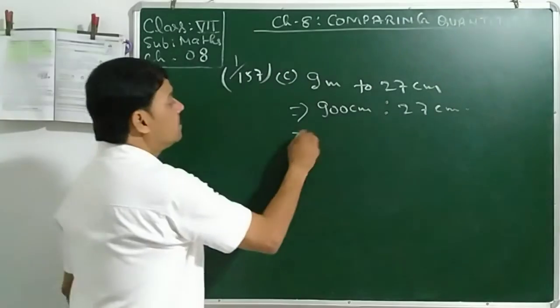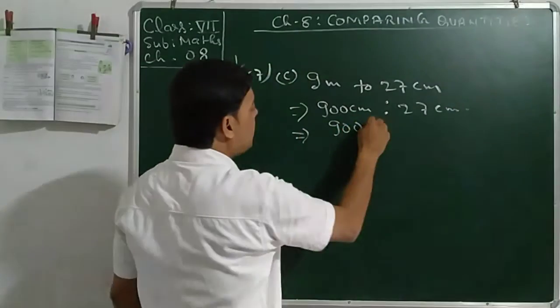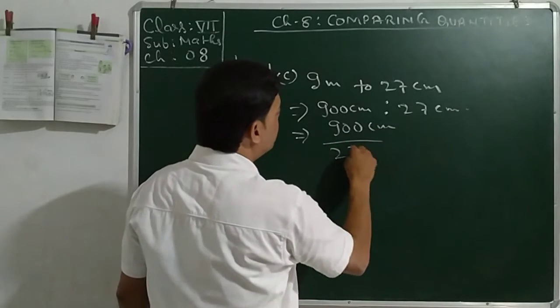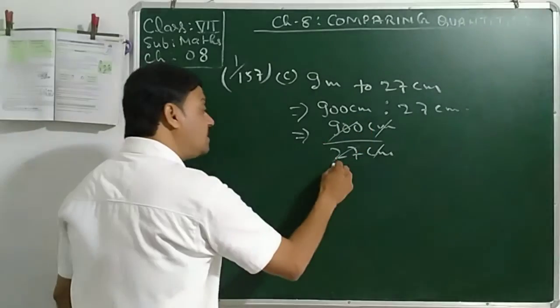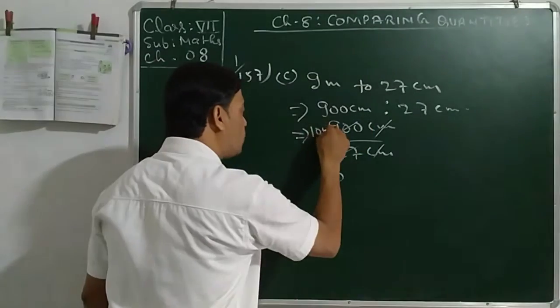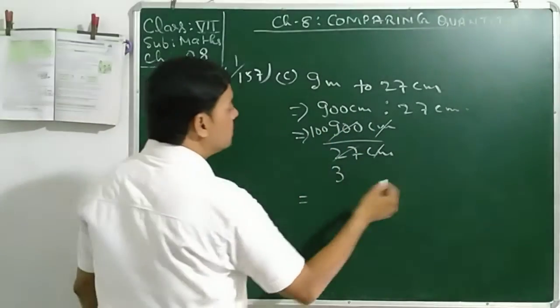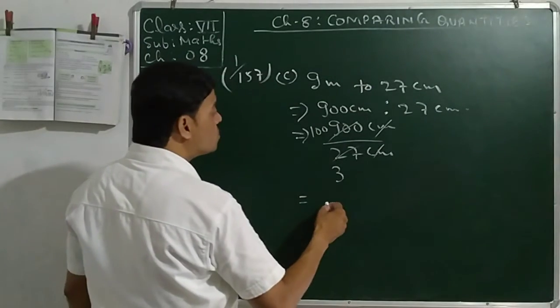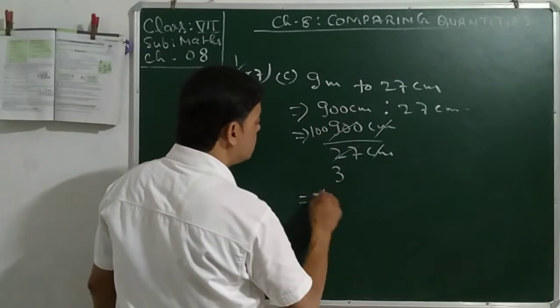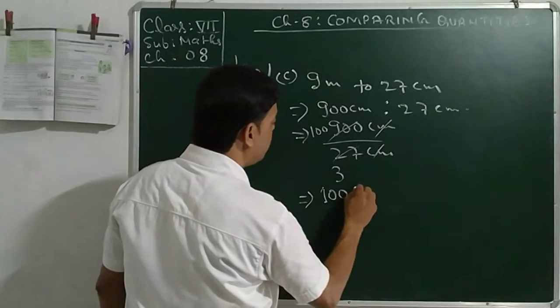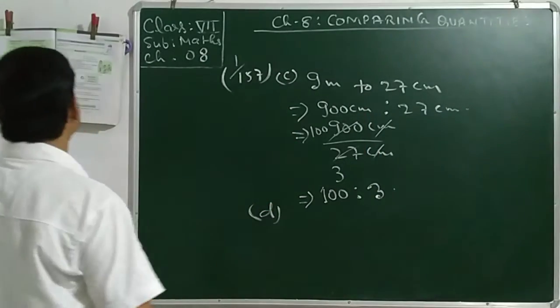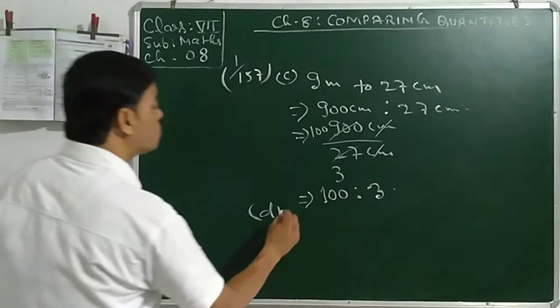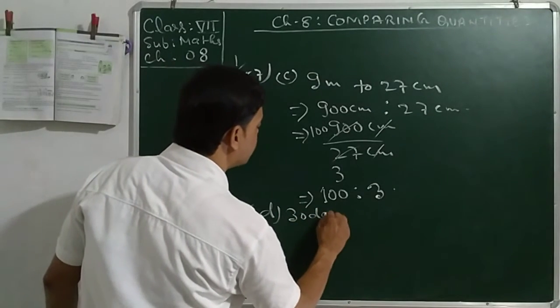And while writing as fraction, you will get 9 3s are 27 and 9 100s are 900. So the ratio became 100:3.